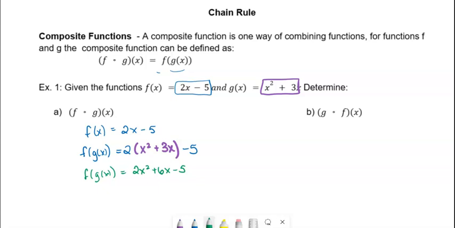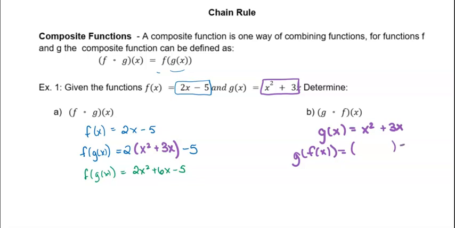We can do this a variety of ways. We can also find g of f of x. We begin by reminding ourselves what g of x is, and then instead of x, we're going to put f of x into x's spot. f of x is 2x minus 5, and that needed to be squared, and I have that twice.